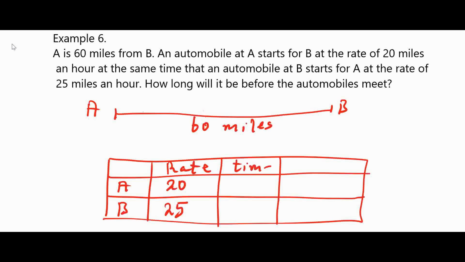Both of them will spend equal time. And the distance, as you already know, is rate times time. So for A it becomes 20 times t, and for B it is 25 times t.